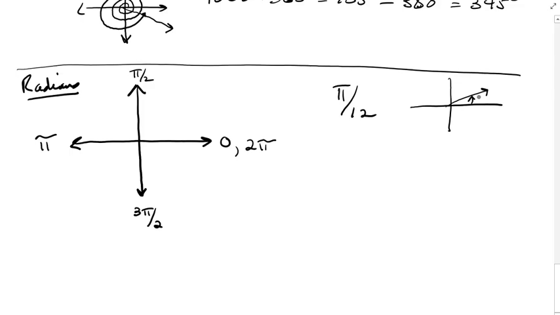Now, how about 3 pi over 4? Well, so now you got to check yourself. 3 pi over 4. And you can kind of almost forget about the pi part for a second.